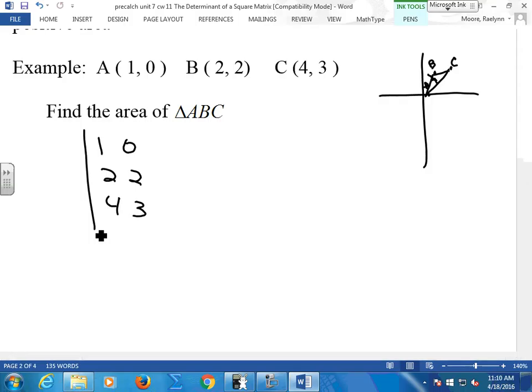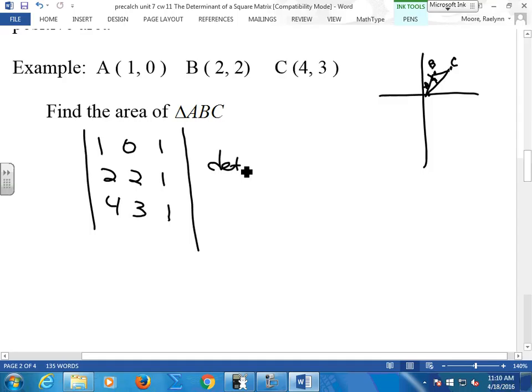Now, don't I need a square to make a determinant? But I don't have a square. So what we do is we fill this last column with 1s. It has to be 1s. And now we find the determinant of this. So throw it in your calculator and find me the determinant. Most important thing is filling this last column. It has to be a square.